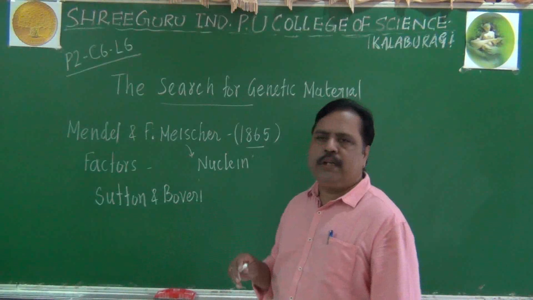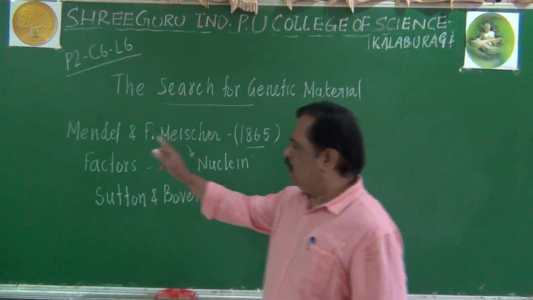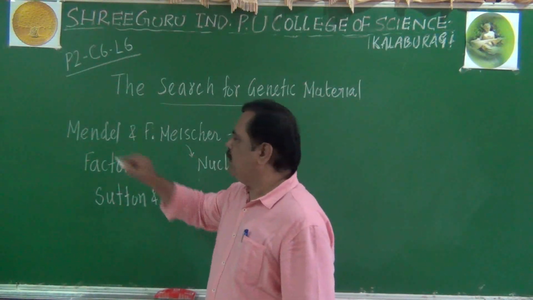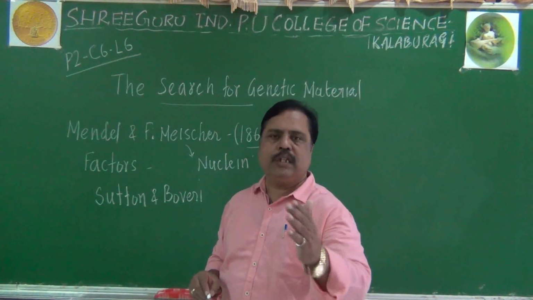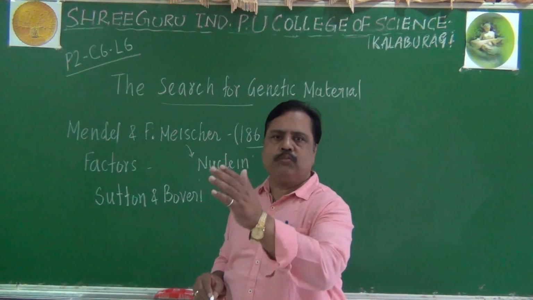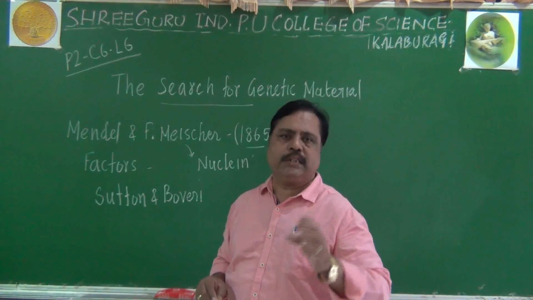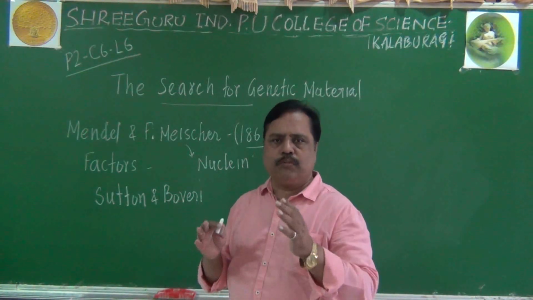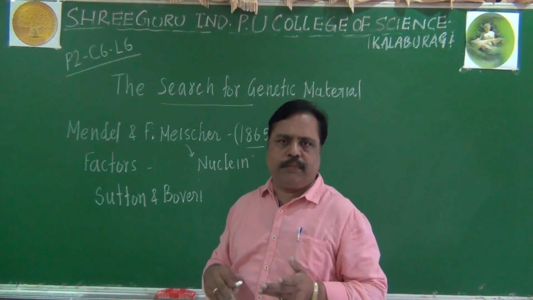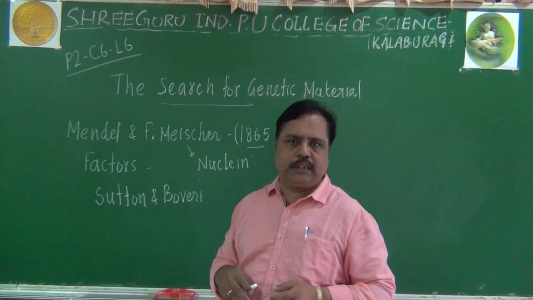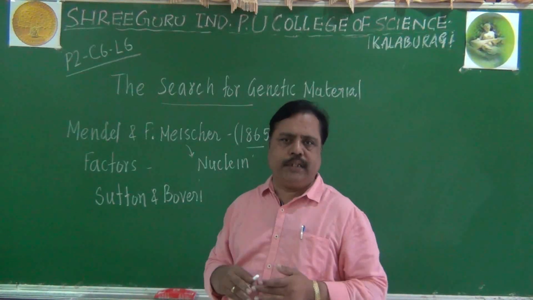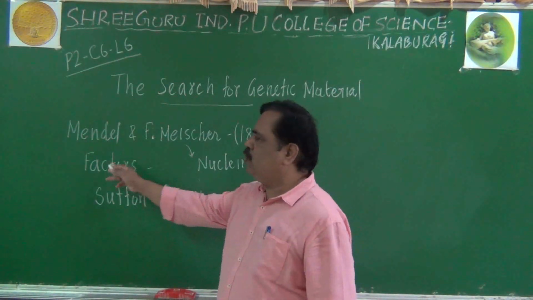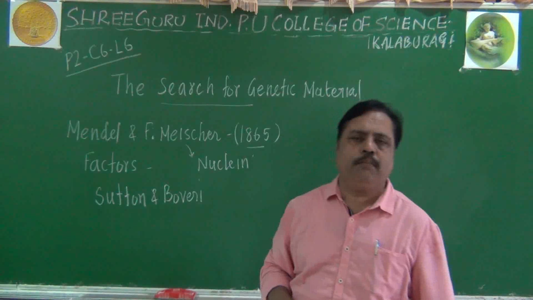What Sutton and Boveri told is, the factors proposed by Mendel behave like the chromosomes behaving during mitosis and meiosis. During mitosis and meiosis, chromosomes undergo segregation, independent assortment, recombination, everything. That is similar to the idea proposed by Mendel.